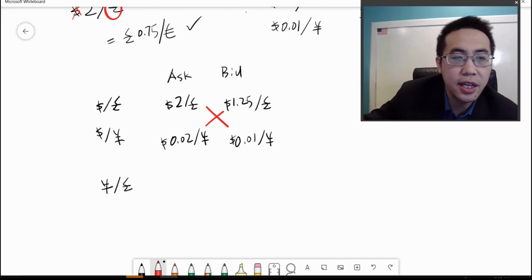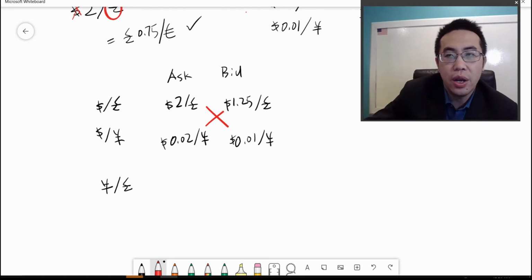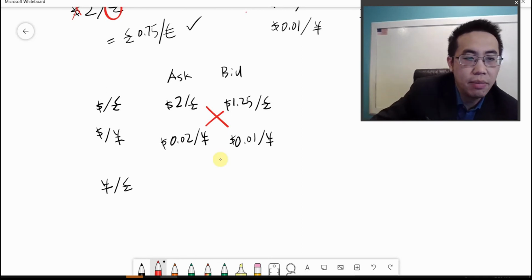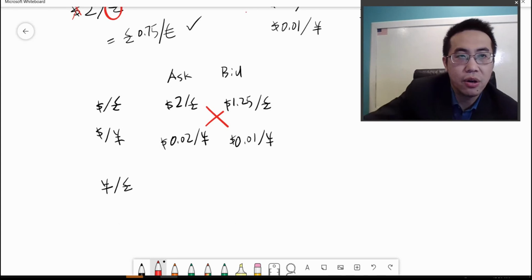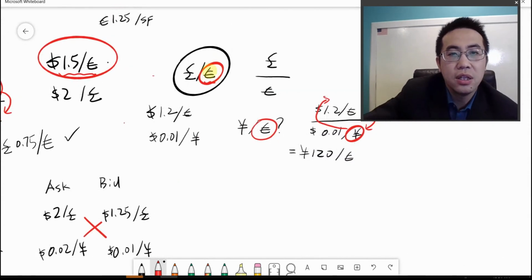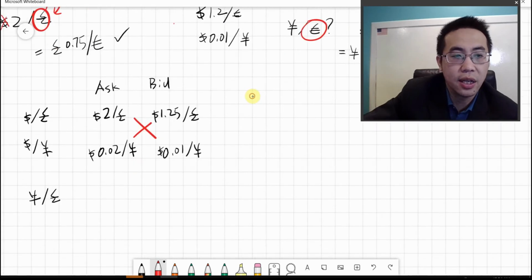The second is we should know which price should be on the top. So we have this yen per pound, as I mentioned earlier. Do you remember in our euro example? This is the symbol we want to have finally. So in our dividing process, we should put the euro price on the top of the fractional line.